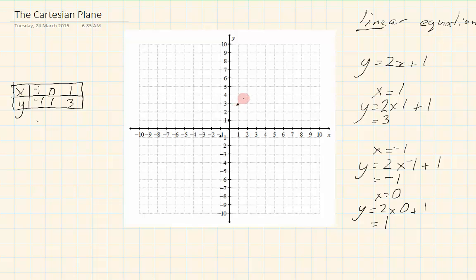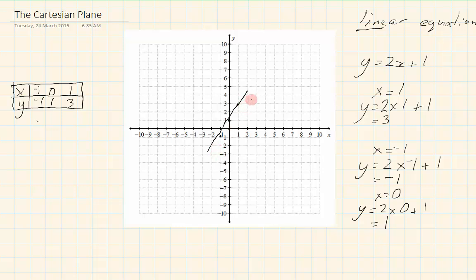So given those 3 points, or coordinates, we can plot our line now. And you would only need 2, but sometimes it's good to work out 3 to 5. I'm just going to draw it freehand, because I don't have a ruler. It's not going to look straight, but you should definitely use a ruler. Okay, so that's supposed to be a straight line there. Okay, so we can connect our dots up and draw a straight line.